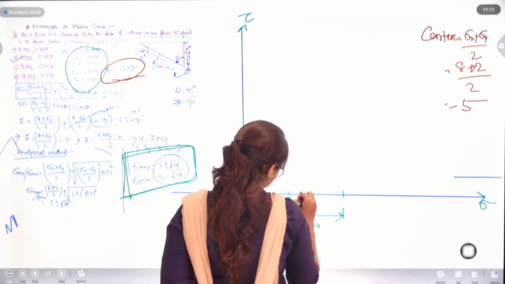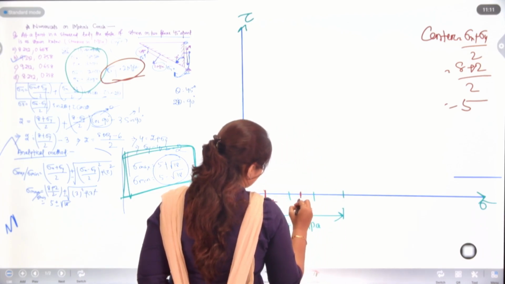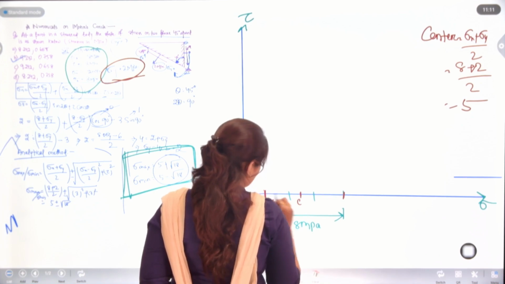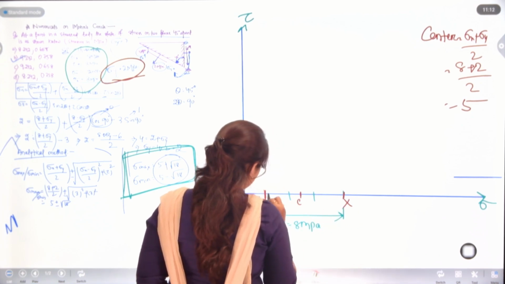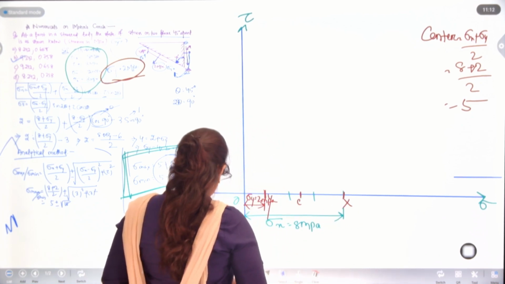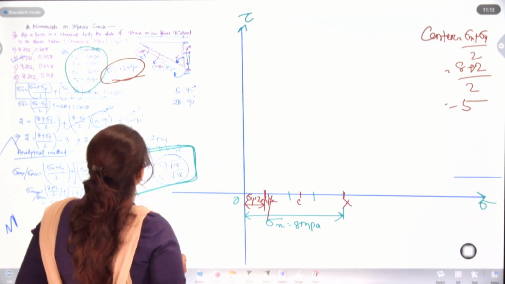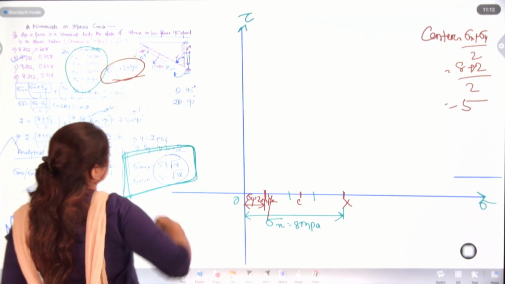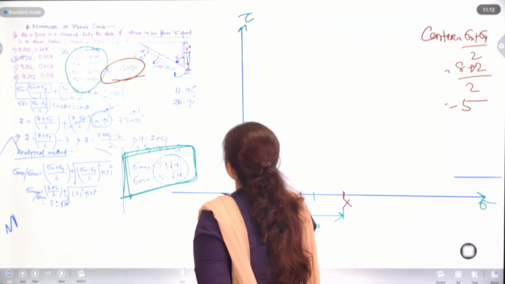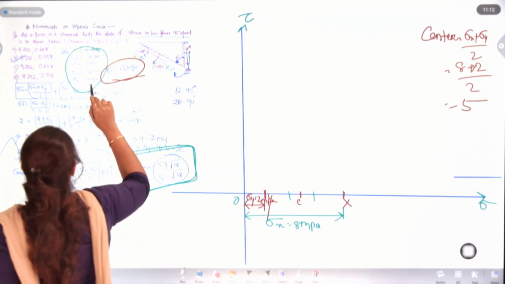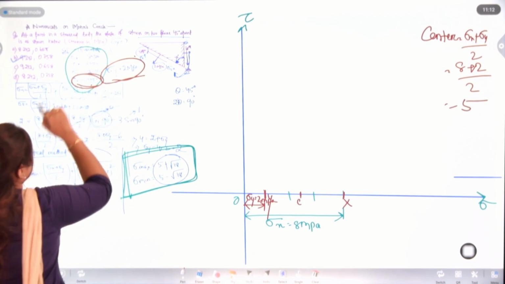So, here it will be your center, and this will be your x and y. Here we will take the tau as 3 megapascal. You can see the tau is in clockwise direction, so positive.